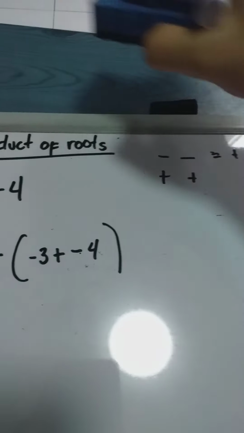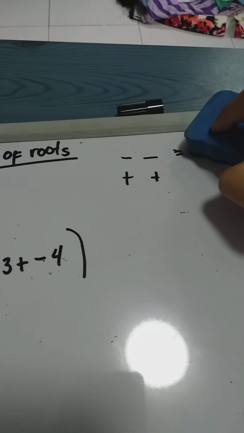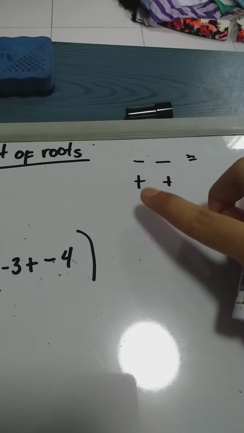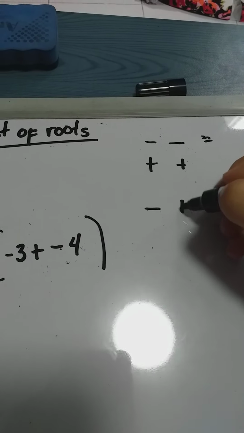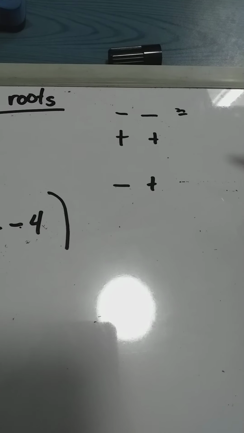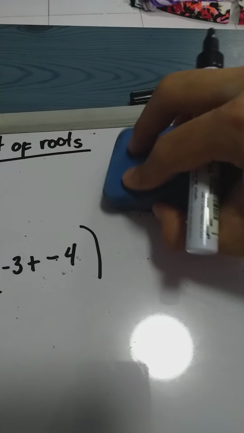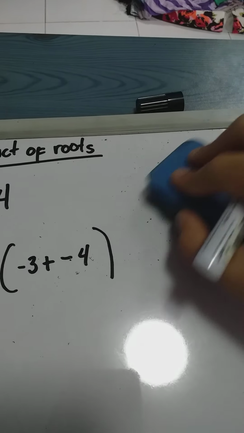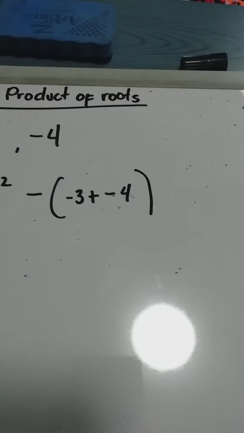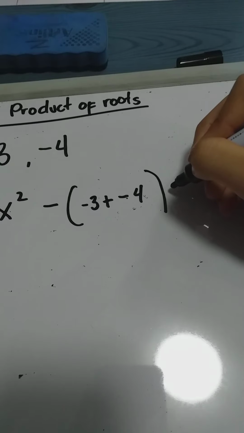It doesn't necessarily become the positive sign, but if they're the same, you add them. But if it's a negative and a positive, you subtract them. Do you get it? I'm pretty sure you get it. If you're in grade 9 and you don't know that, what are you doing here, right? Just kidding. Not everyone is good at math.